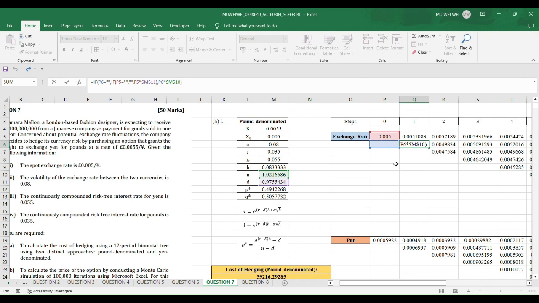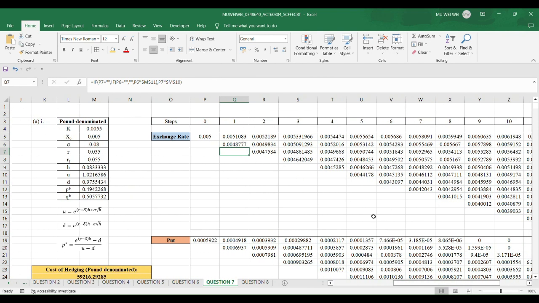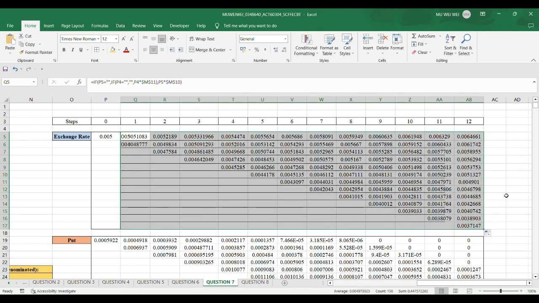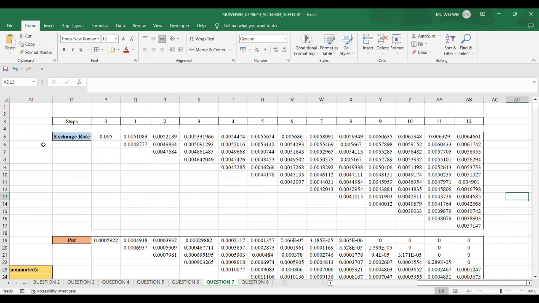So the down node for the first period will be 0.0048777. And then we use the same formula for the following periods. Basically just drag it. So we should be able to get the 12-period binomial tree for the exchange rate right here.